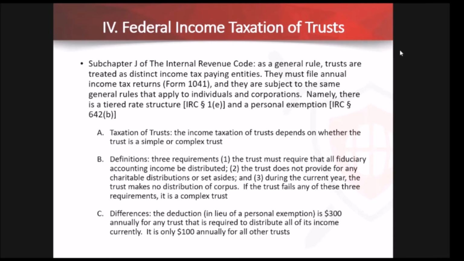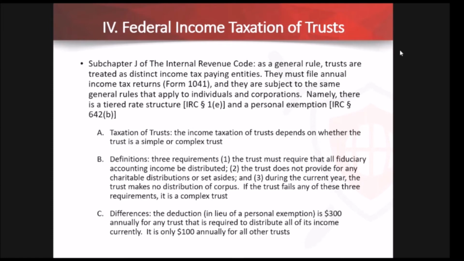Or do you want to have a sprinkled trust that gives the trustee discretion to push out income in a given year or to accumulate it? And depending on what the trust document says and how it governs it, the income taxation of that asset, or of that entity, the trust, will be determined under those rules. Is it a simple trust, which means distribute out all in one year, or is it a complex trust, which means that it has discretion to accumulate income in a given year?